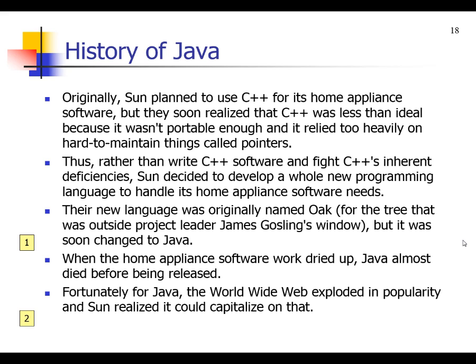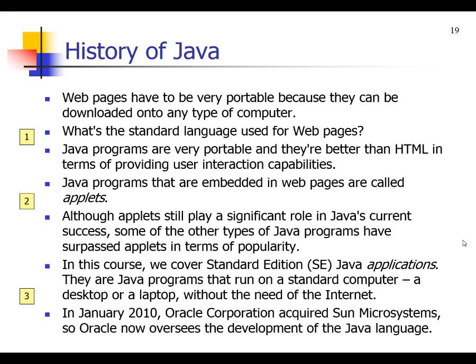Then Java got its real experience when it started doing World Wide Web applications. Because websites are portable. Let's use Java, which is portable. Now we can do what things? Called apps. Now we have applets.